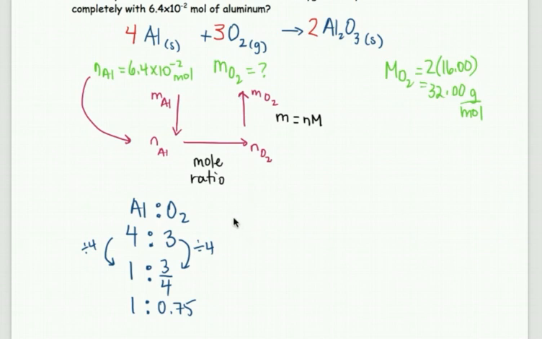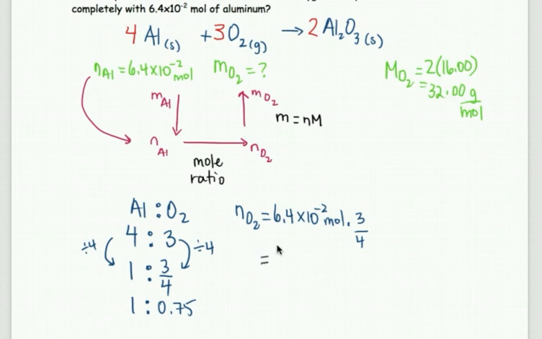So I'm going to calculate that right here. In order to find the moles of oxygen, I'm going to take my moles of aluminum and multiply by this fraction here. So 3/4, or if you wanted to use 0.75, that works as well.